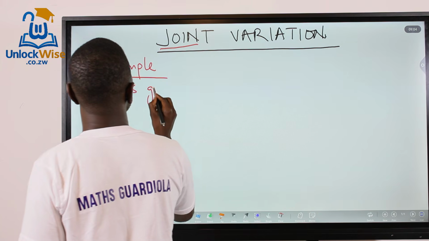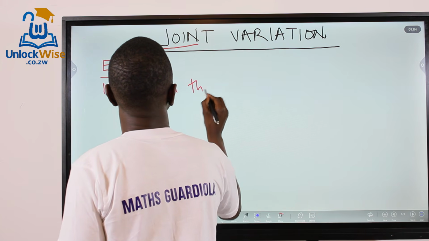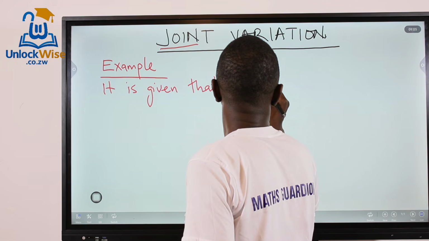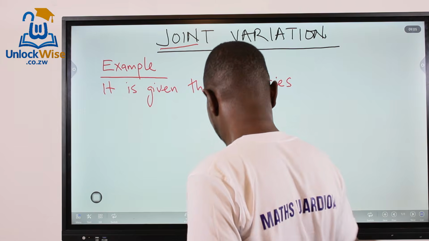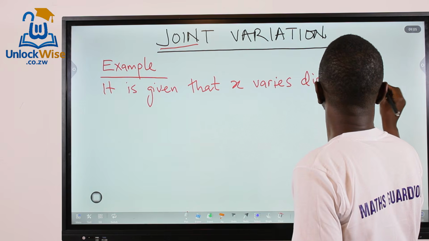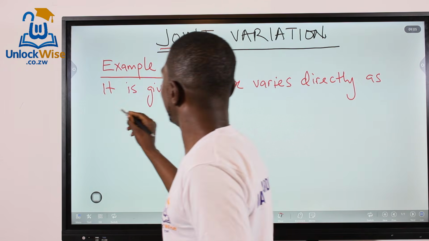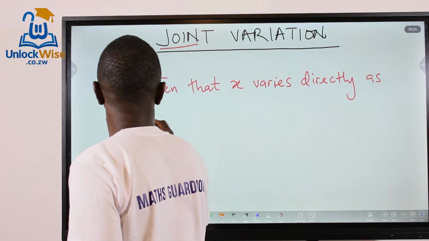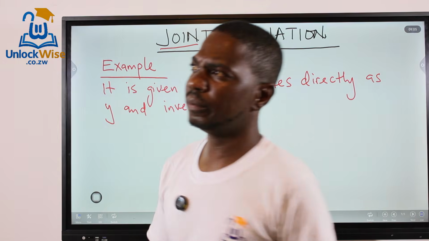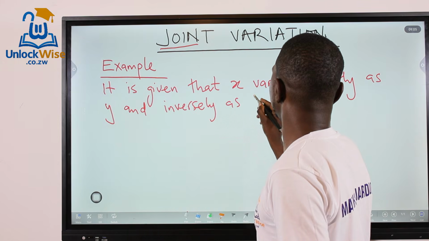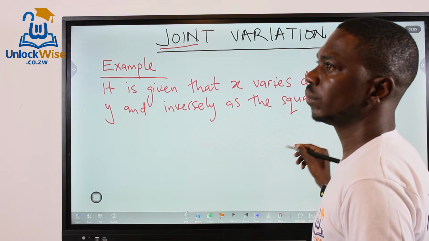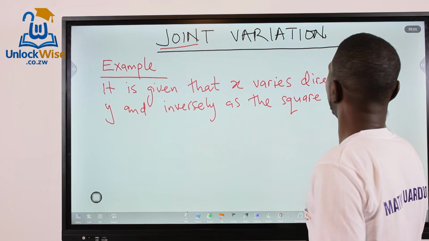It is given that X varies directly as Y, and inversely as the square of Z, right?